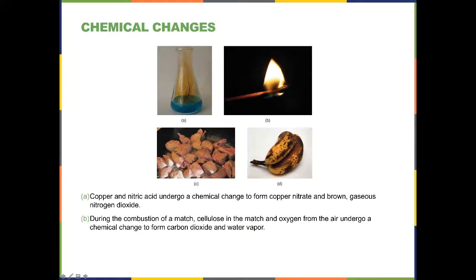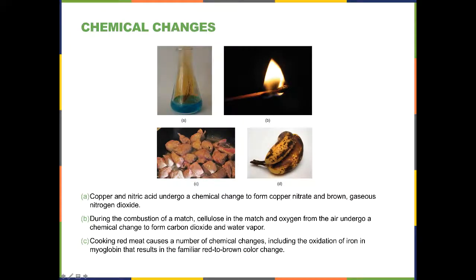Any combustion reaction, anytime you burn something, that is a chemical change. So you start out with a piece of cellulose, and you get it to a certain temperature, it combines with oxygen and begins to burn, and then water vapor and carbon dioxide come off as products of that.